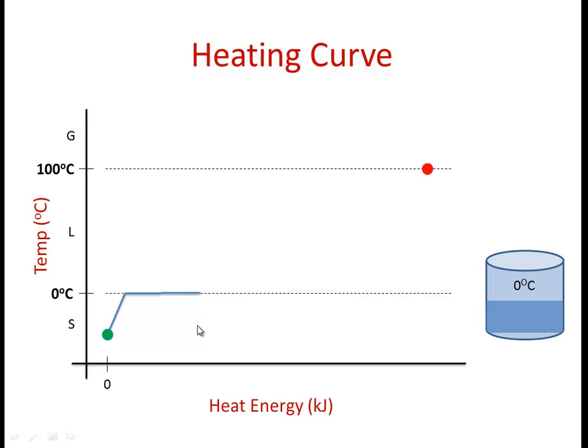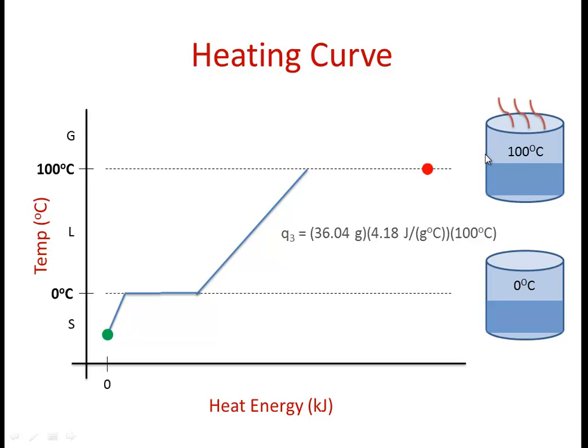Let's say we want to keep going, and we want to continue to heat that water, which is now at 0 degrees, all the way to the boiling point. And furthermore, we want to be able to convert that all the way to steam.